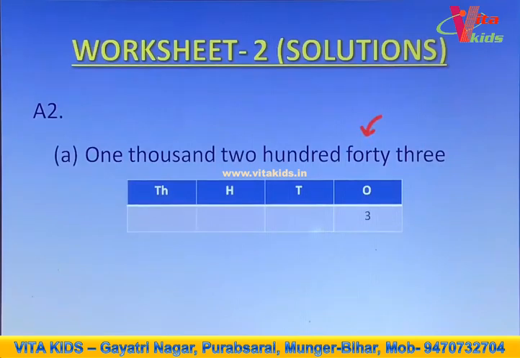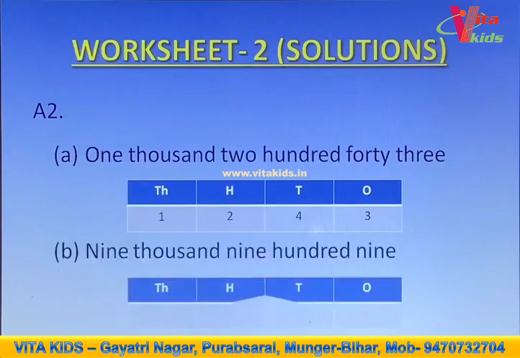Under tens we will write 4. 200. 200 means 2 hundreds. Under hundreds column we will write 2. 1000 means 1 under thousands column. This gives us the number 1243.